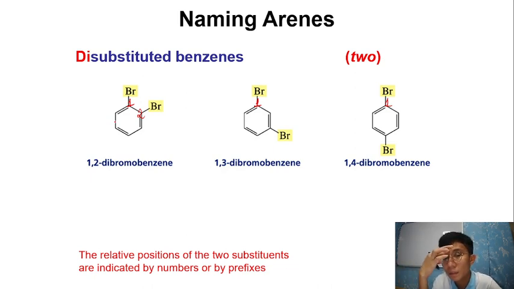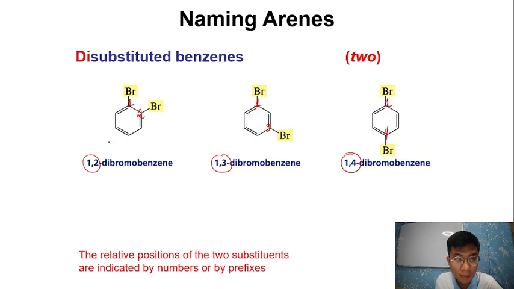The way of numbering is clockwise. So, ito, 1, 2. Kung ito naman, this is 3. And ito naman is 1, 4. So, dito, mapapansin niyo may number tayo na 1, 2, 1, 3, and 1, 4.